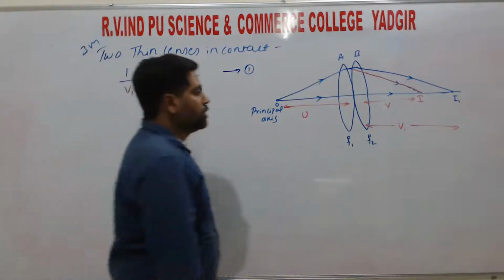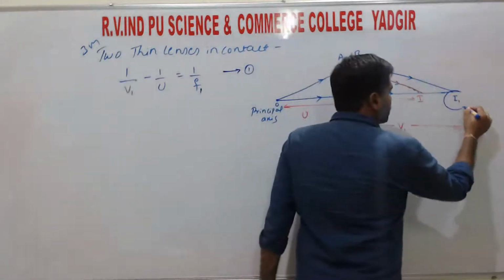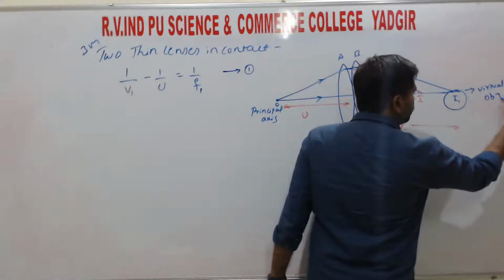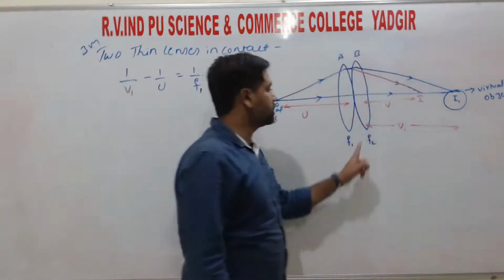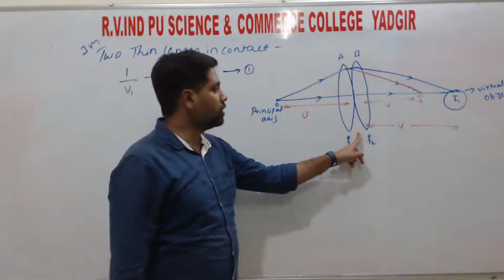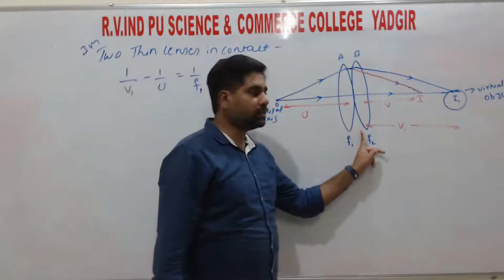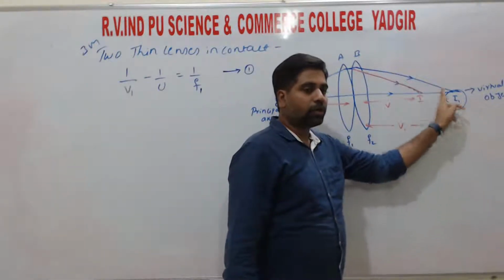Next, the image I1 acts as a virtual object for the second lens B. For the first lens, O is the object. For the second lens, I1 is the virtual object.